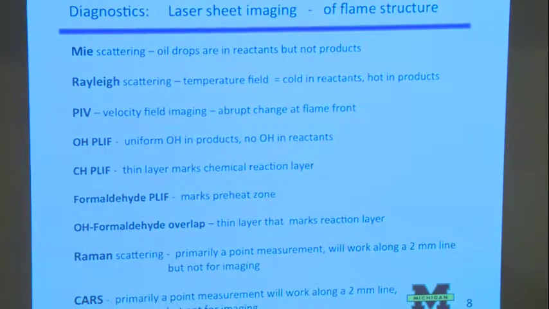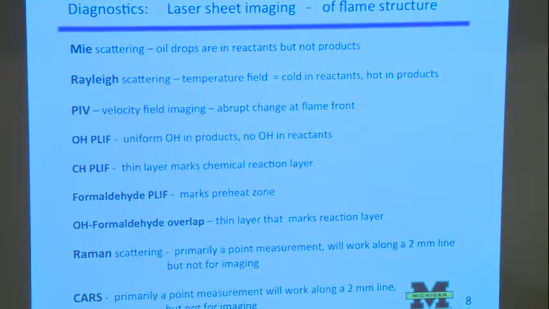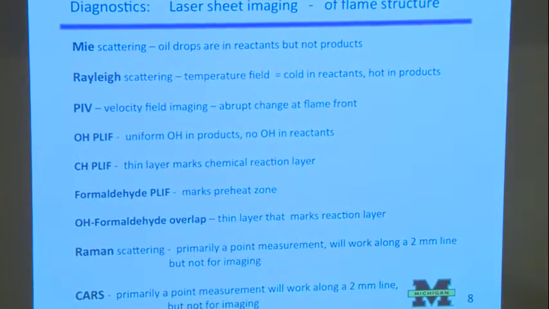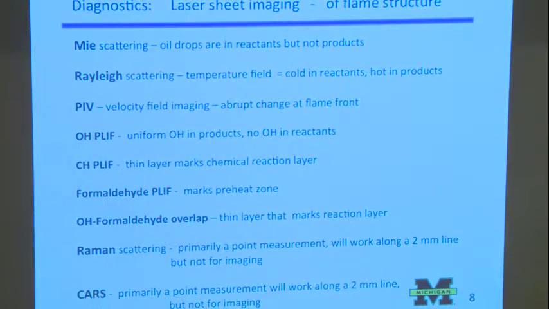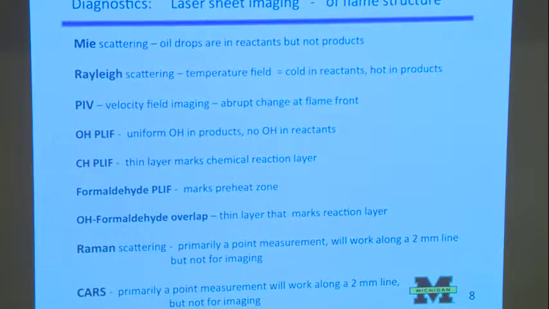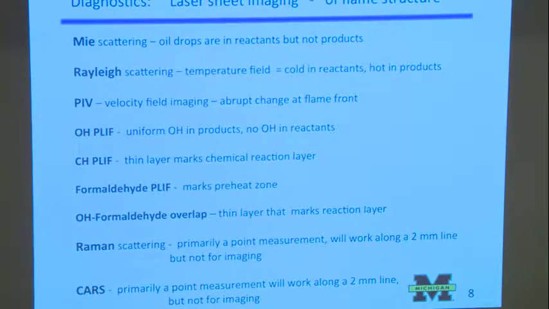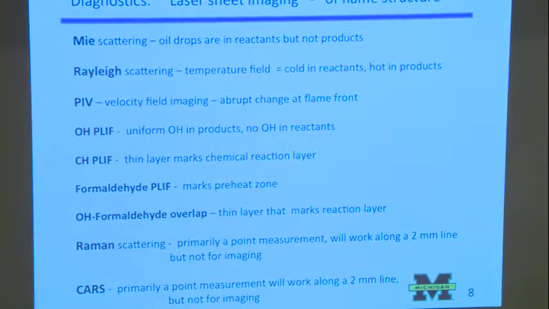Rayleigh scattering allows you to measure the temperature field, and I'll say a few words about that. PIV is a fairly standard technique you can purchase off the shelf. OH-PLIF is very useful. It tells you where there's OH, but oftentimes that's only part of the story. Many people get confused at what OH really tells you.